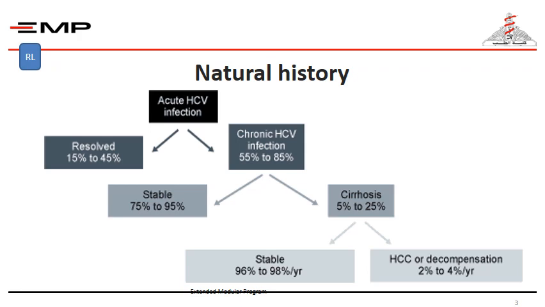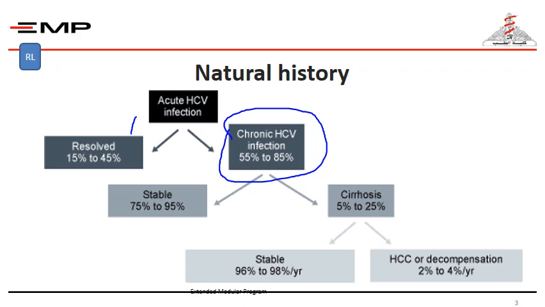The natural course of hepatitis C virus infection starts with the acute infection. Then in 15% to 45% of the patients the infection gets resolved, while the remaining 55 to 85% progress to become chronic HCV patients.